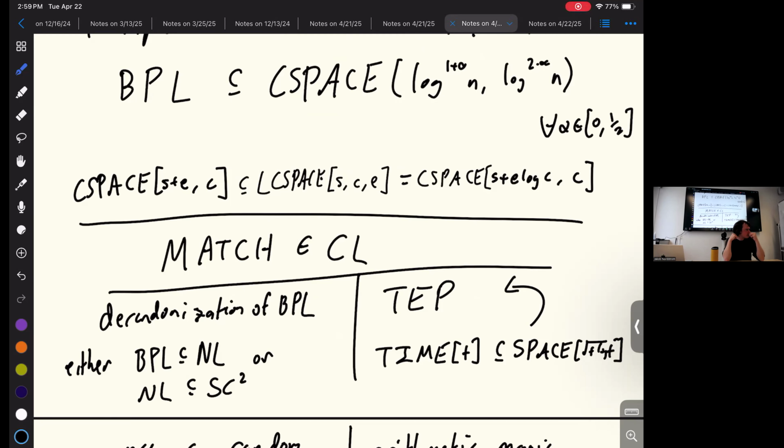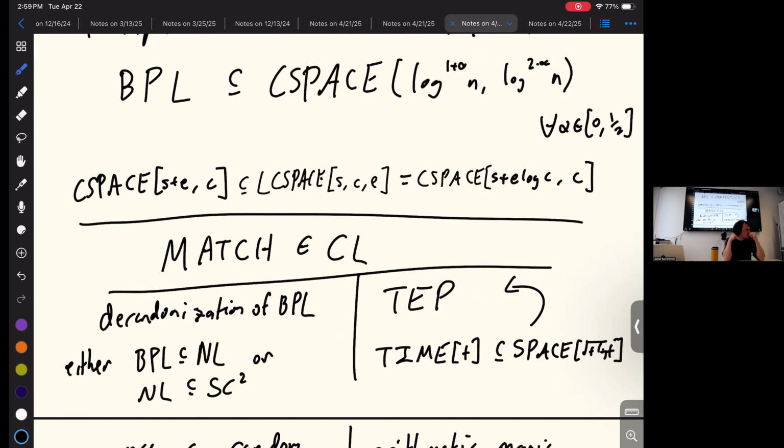It's something like this. So take the computation of the NL machine. Roughly speaking, it's either correct or it's not. Either NL is in SC2 or not. And if the computation is correct, then you're done.